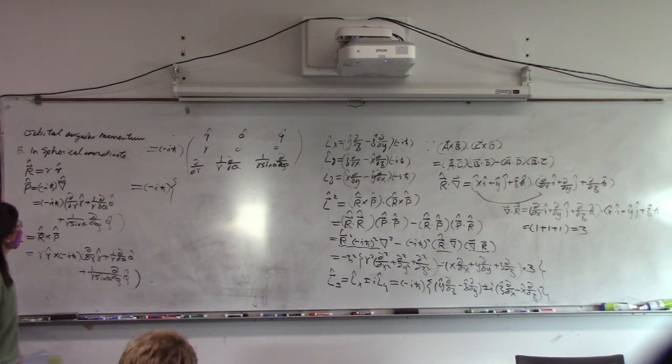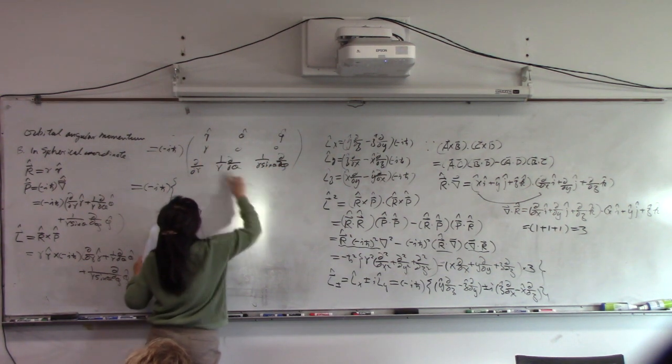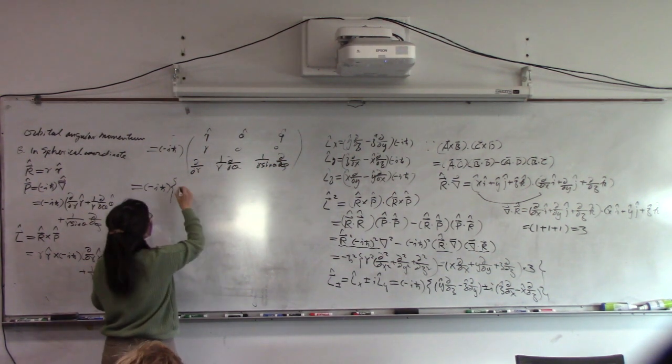So the first one is for this r hat, taking the matrix, so that is 0.